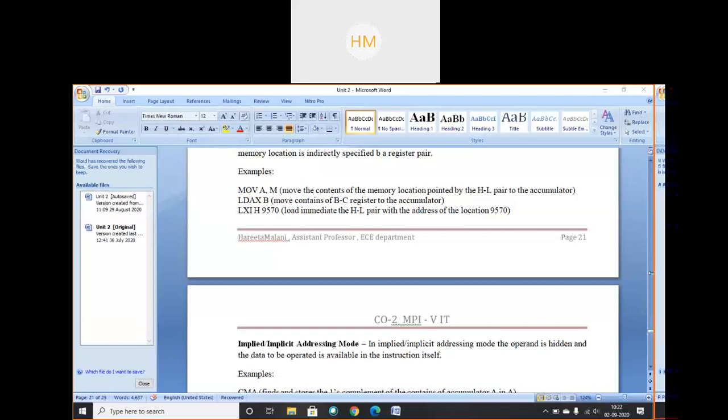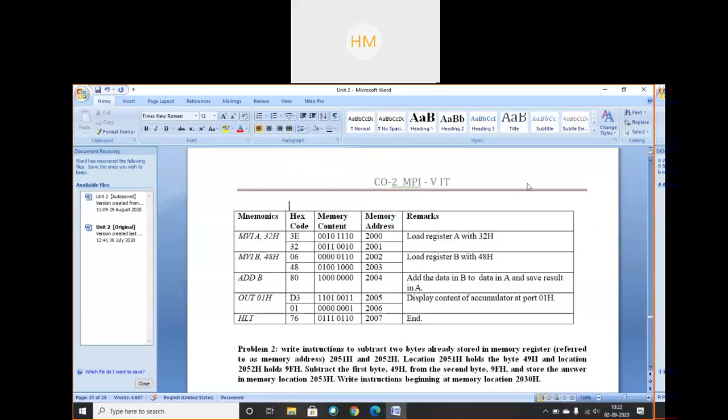There we don't require operands. RLC. There we don't have any operands. Perfect. Where no operands are required, like we had instructions STC, CMA. All these are the examples.